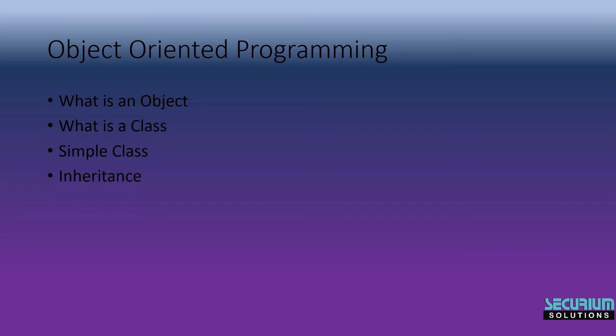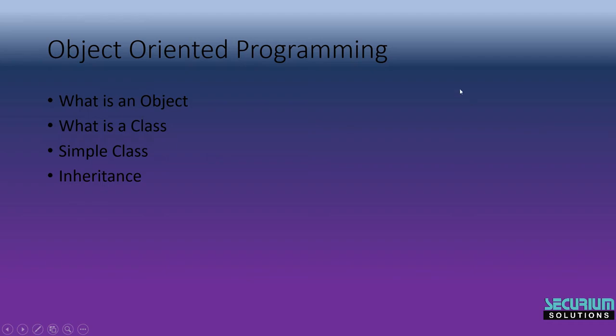Like a blueprint, we set up the class first, and with that class we set the values for each property in an object. Then we'll go on with inheritance. So let me start with a simple class.